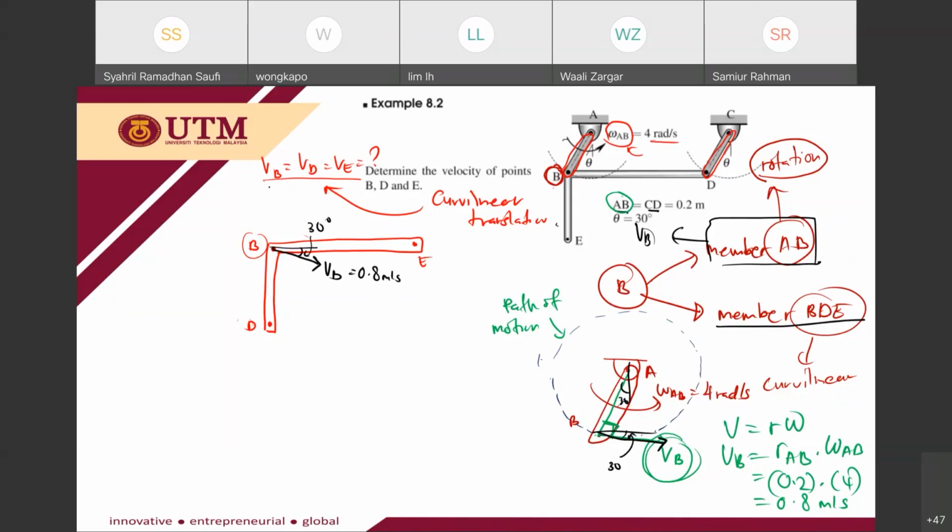Since BDE is moving with curvilinear translation, the velocity at each point on the body will have the same direction and the same magnitude. So the same thing, 30 degrees, VD is equal to 0.8 meter per second. The same thing here, 30 degrees, VE equal to 0.8 meter per second.